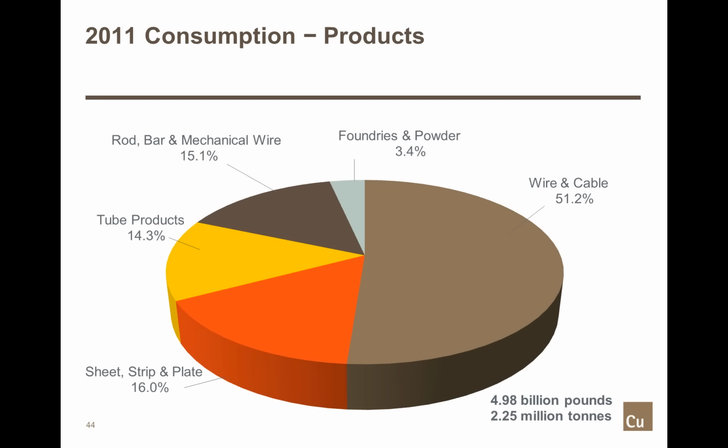Tubular products, 14%. Rod, bar, and mechanical wire, about 15%. And foundries and powder, about 3.5%. This gives you a perspective of what the semi-finished products that are produced and sold go into, or how much is sold. Wire and cable is a preponderance.